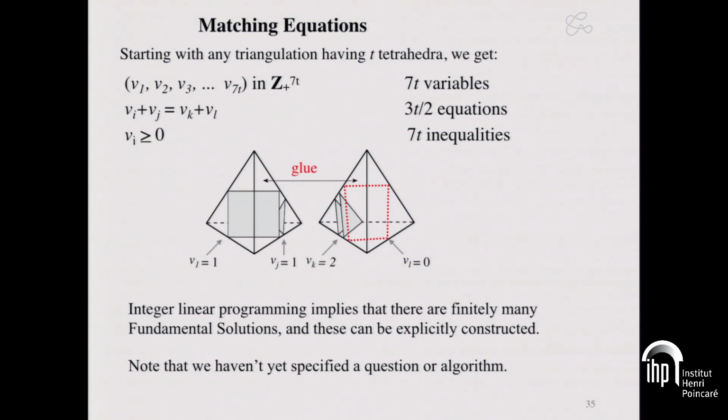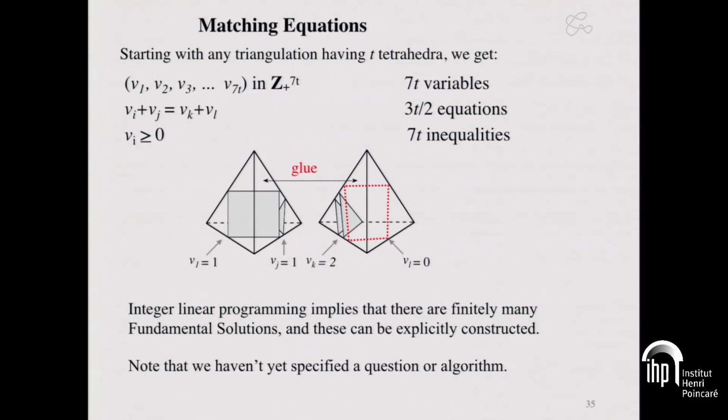This time we have a vector with 7t coordinates. There's 7t variables. The number of equations is 3t over 2 because we get 3 equations for every, let's see, is it 3t over 2?